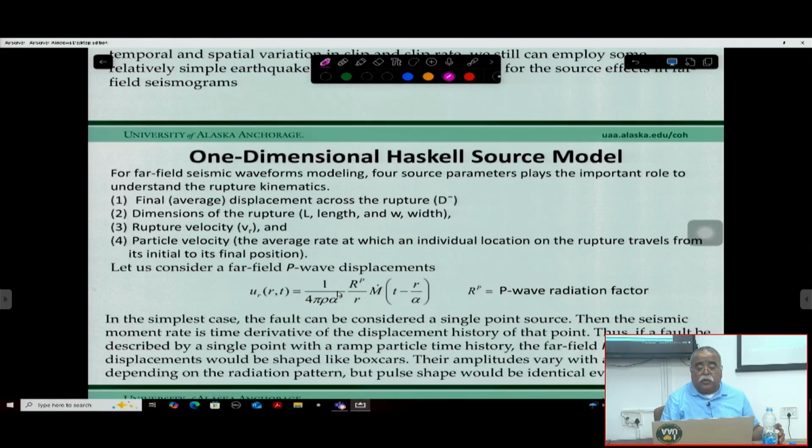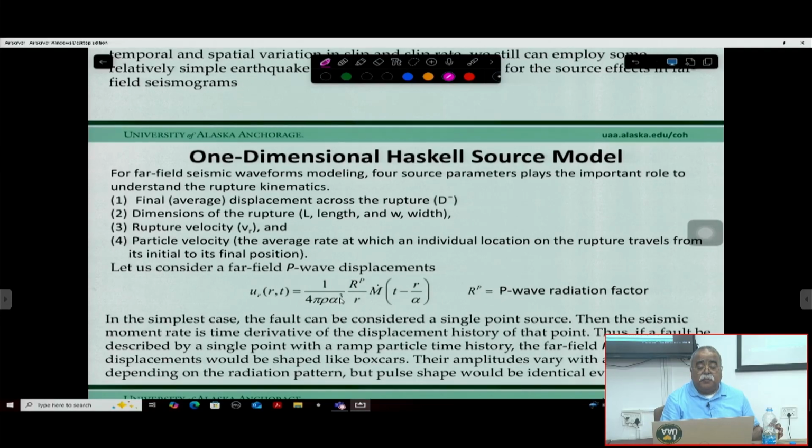So the far field displacement due to the rate of change of the moment, u_r(R,t), will be equal to 1 by 4 pi rho alpha cube, where rho is the density and alpha is the P wave velocity, right?